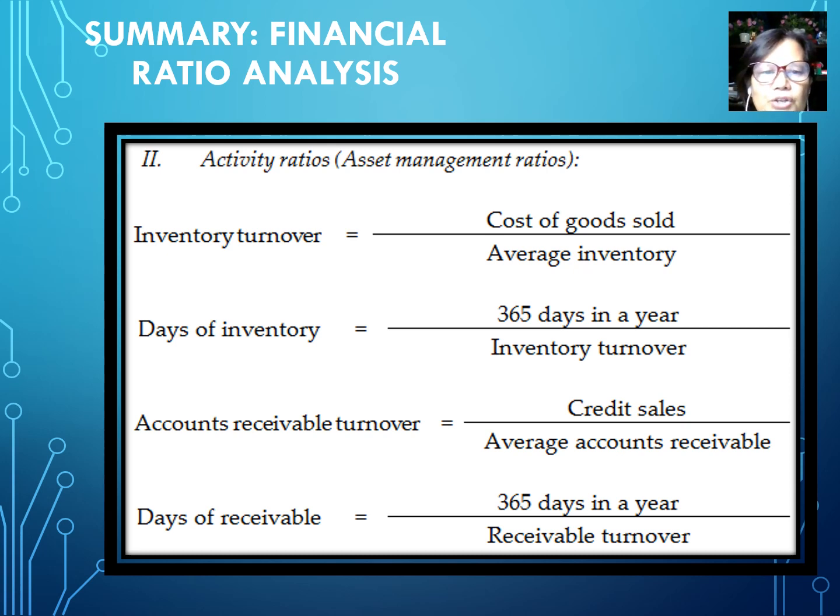In the activity ratio, inventory turnover is equal to cost of goods sold over average inventory, and then days of inventory is equal to 365 days in a year over inventory turnover. And then accounts receivable turnover is equal to credit sales over average accounts receivable. And then days of receivable is equal to 365 days in a year over receivable turnover.